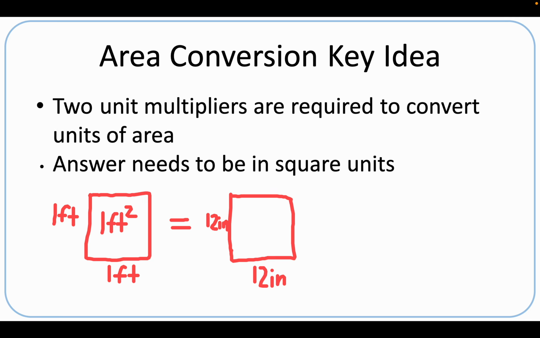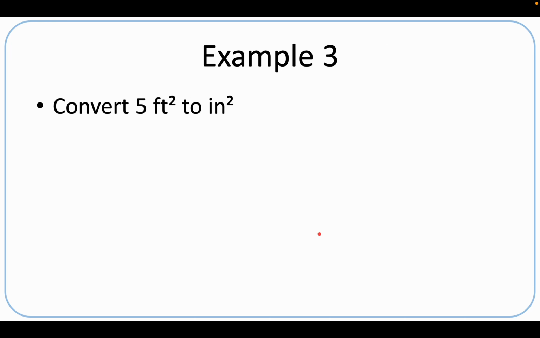And then you would have 12 times 12, which is 144 square inches. So notice we're going to need 2 unit multipliers because we need to convert this foot to 12 inches and we need to convert this foot to 12 inches to get our square units of inches. So that is why we use 2 unit multipliers.